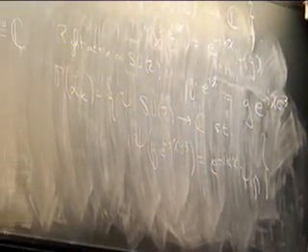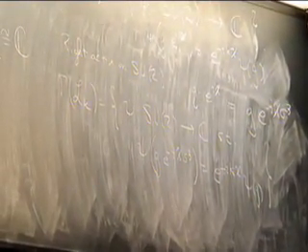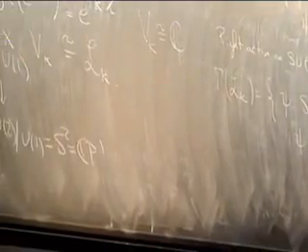Just like in general, I want to ask, what representation of SU2 is this? Anyone want to guess? What representation of SU2 am I getting? I start with this one-dimensional representation of U1, labeled by K. I form this thing.